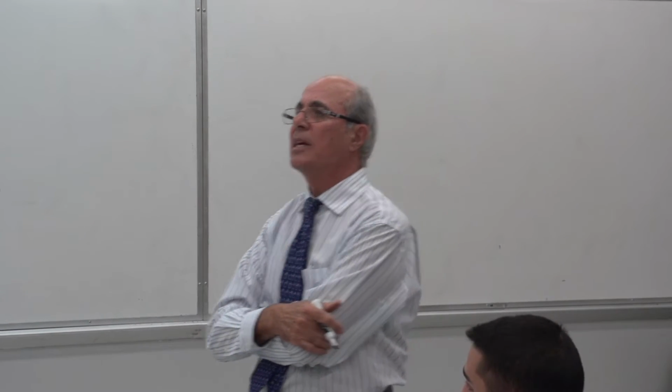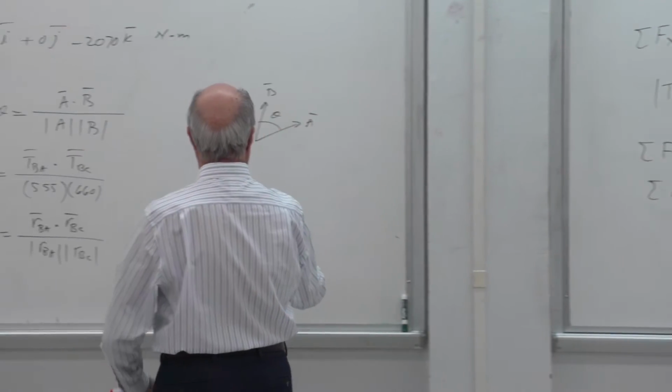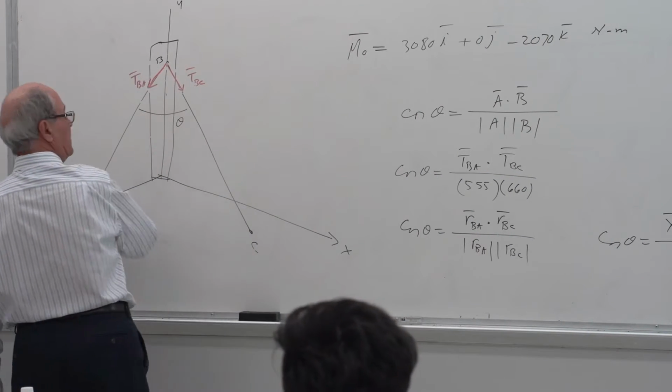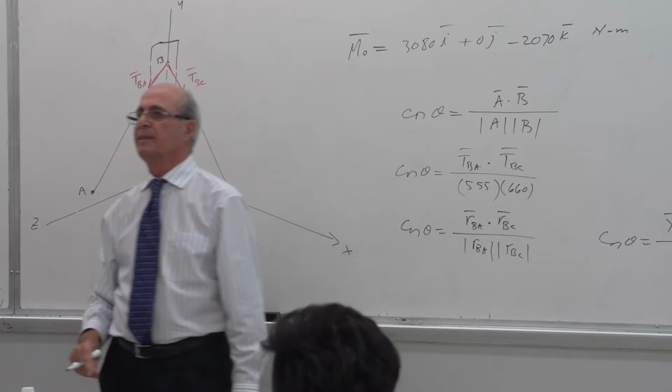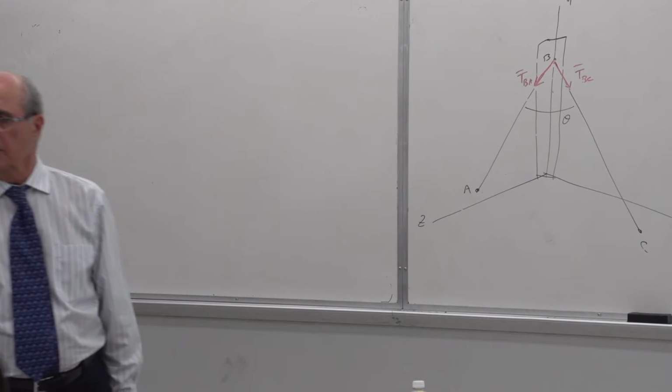Is that correct? Yes? Shouldn't it be lambda BA dot B? Lambda BC and lambda BA. That's what I saw, yes. The order doesn't matter. Are you talking about the order? No, the order in dot product doesn't matter.